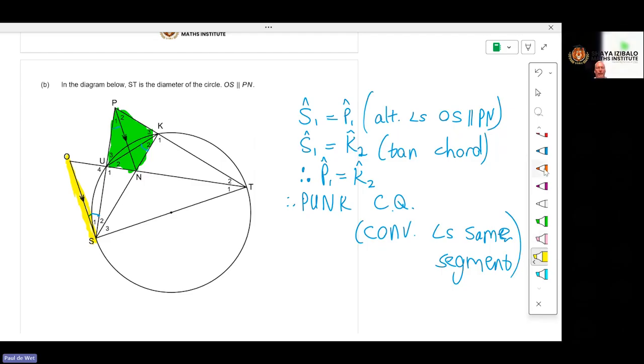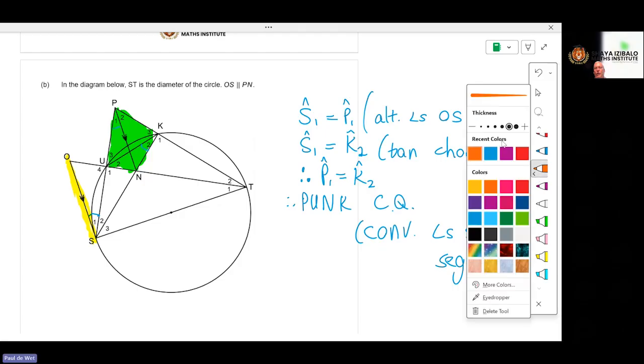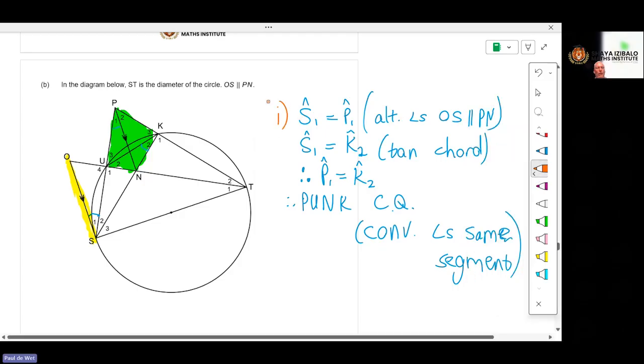So what must I, yeah, you do it. See if you can do it. So T1 is equal to K2, those are angles in the same segment. Okay, so in other words, these two are equal.